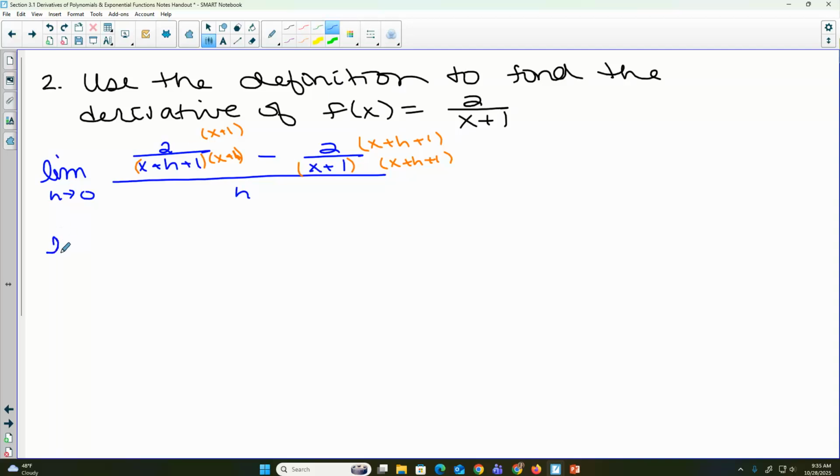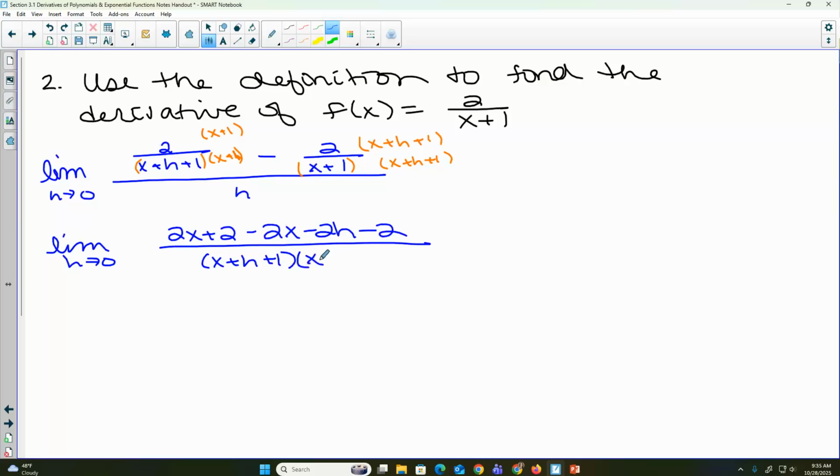So then we have minus, h approaches 0, 2x plus 2. If I distribute a negative 2 through this one, minus 2x, minus 2h, minus 2. Did you ladies do okay? It's all divided by h, or h over 1, so if I multiply them, that would be 1 over h.